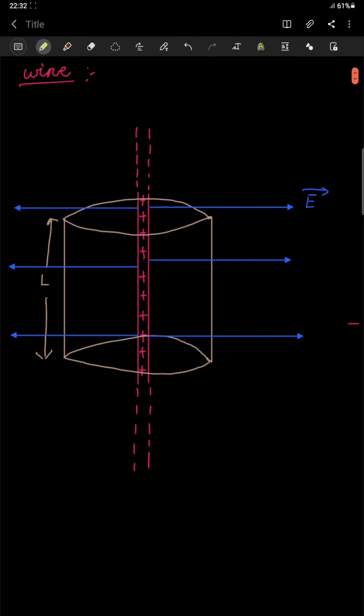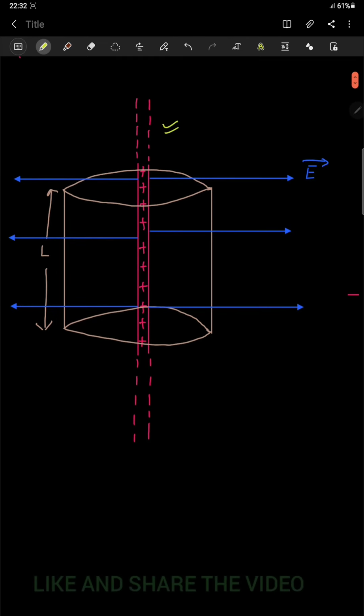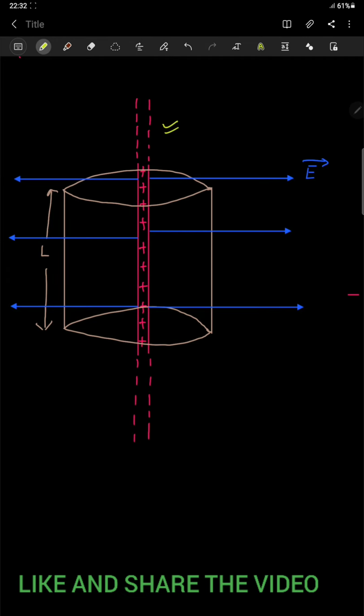Okay, so you see here the pink color wire which is shown in this diagram is your infinitely long straight charged wire.